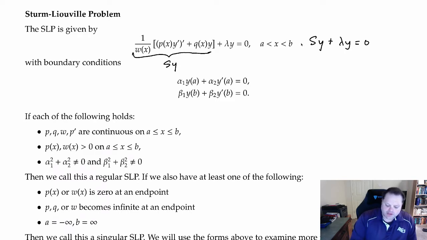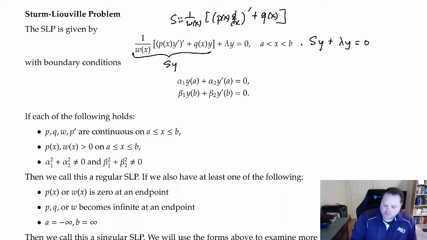So the S here is defined as 1 over w of x, times the derivative with respect to x of p of x times the derivative with respect to x of all of that, plus q of x.